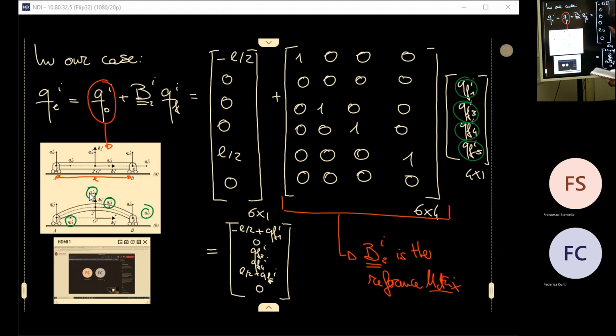And please note that while we have as many connectivity matrices as many elements we have, the reference matrix is only one for each body. Okay. All right.